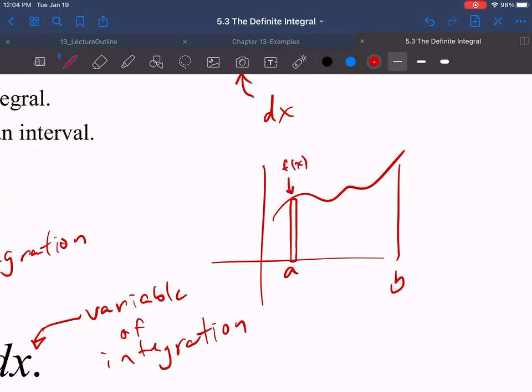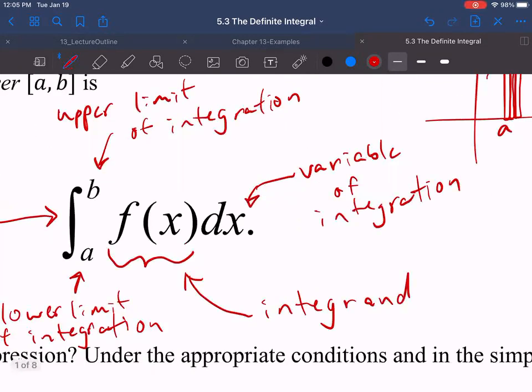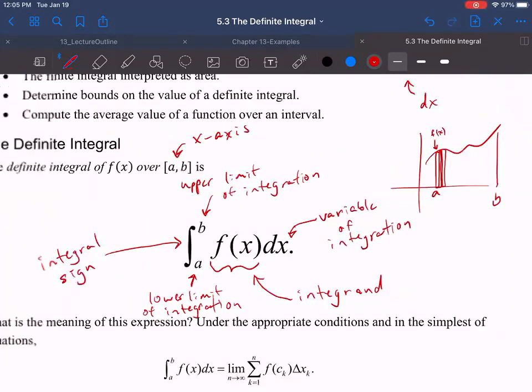And then you go over to the next one and do dx and the new f of x, and then dx and the new f of x, just like those little rectangles we were doing last class. So that's what it's saying to do. This f of x dx is just a really thin rectangle with an infinitesimally small width, and we're adding them all up. That's all it's saying to do. Now, how do we actually do that? We'll talk about that later, but that's essentially what this notation is saying.